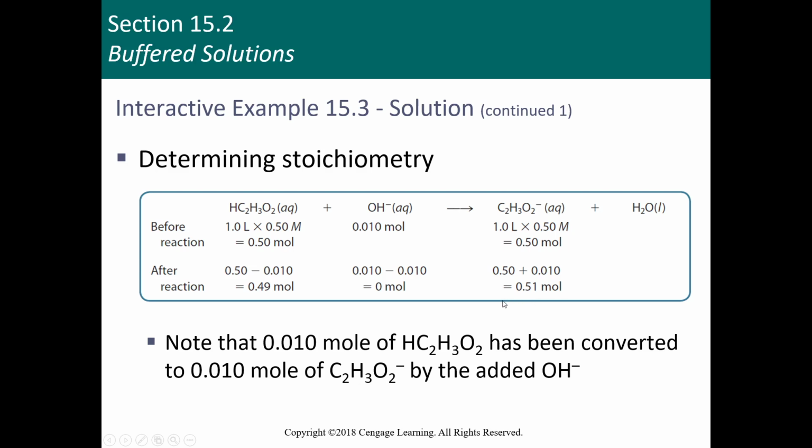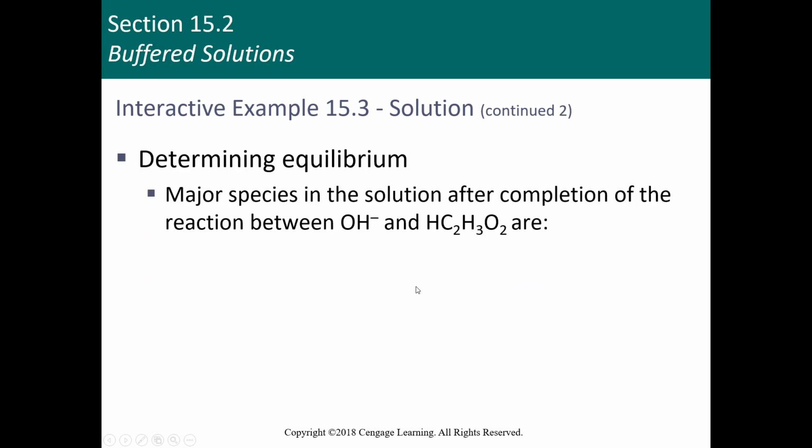Now our initial concentrations are 0.49 for this one, while this one will be 0.51. Let's see how we've shifted those initial concentrations. Keep in mind the OH minus, because this goes to completion, is your limiting reactant that will be used up. All right, so we have done our conversion.